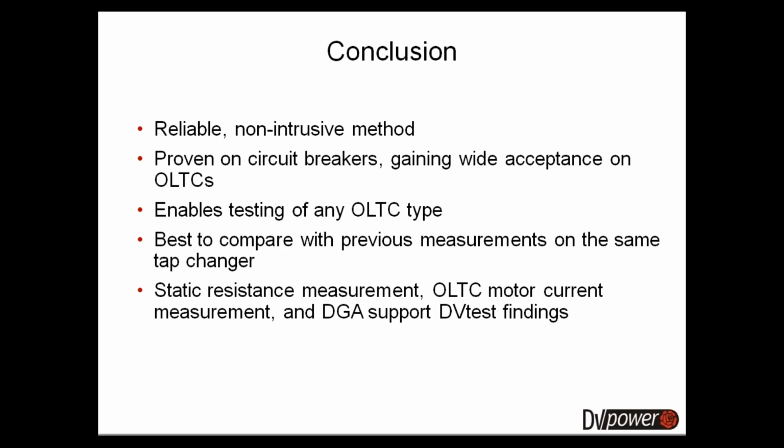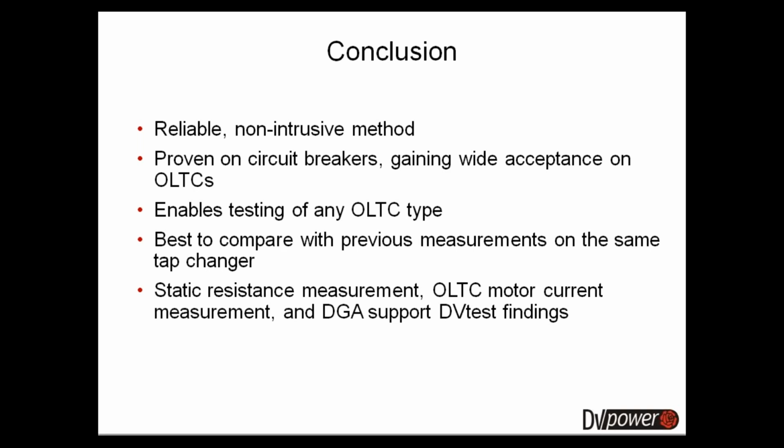Dynamic resistance measurement is also used on circuit breakers where it is used specifically to test the condition of the arcing contacts of a circuit breaker, and it is getting widely accepted as well on on-load tap changers.